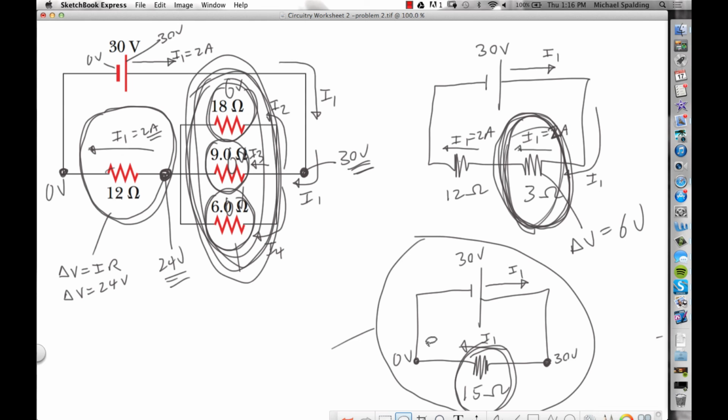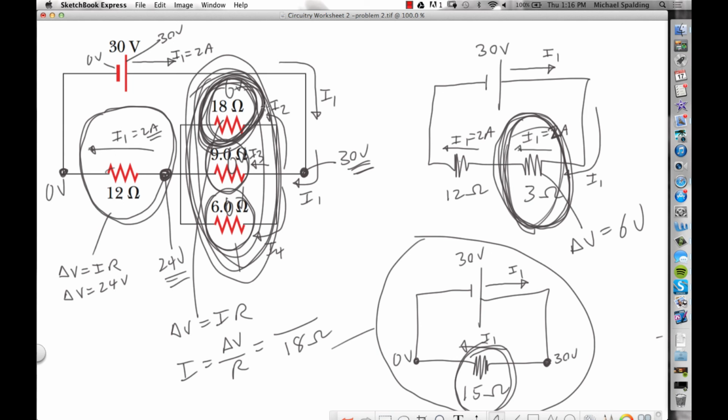Okay. Calculate the current through the 18 ohm resistor. We're almost done here. How do we get the current through this guy up there? Well, delta V equals IR, so I is delta V over R, right? The resistance is 18.